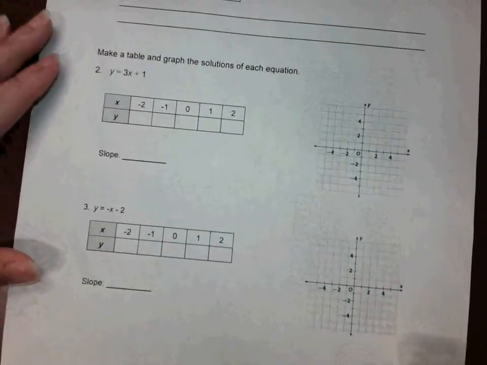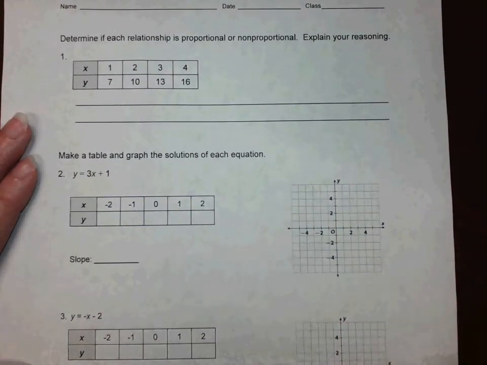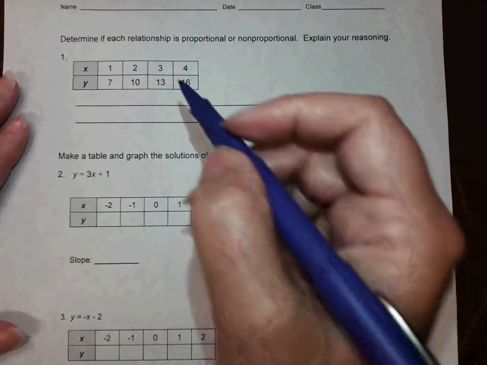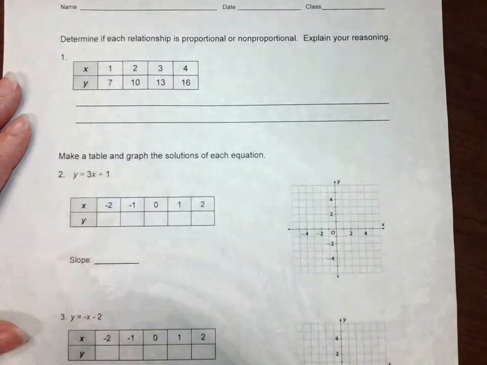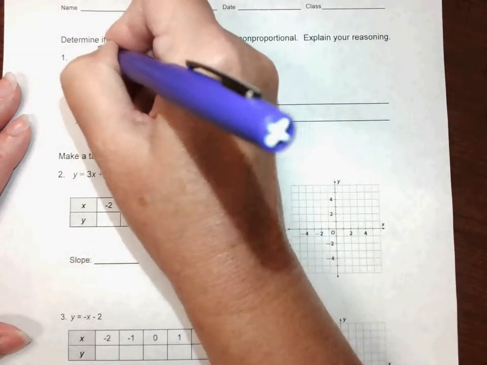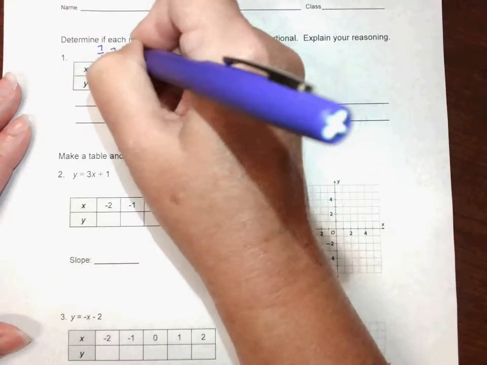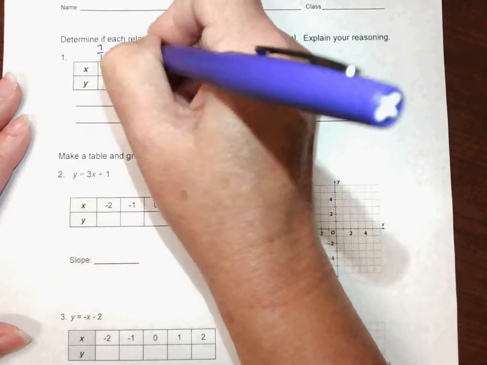Alright, so let's do some on our own. Here it says determine if each relationship is proportional or non-proportional. Well, I'm going to check out y divided by x. 7 divided by 1 equals 7. 10 divided by 2 equals 5.